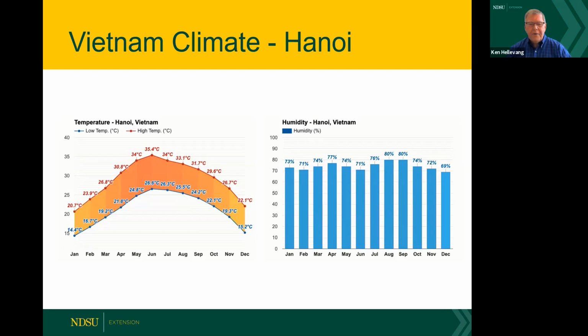Temperature varies more than what we saw at Ho Chi Minh City, but we're still looking at very warm temperatures, with daily highs ranging from about 21 degrees centigrade to about 35 degrees centigrade. So when we translate some of those warmer months, we're looking at temperatures averaging 90 degrees Fahrenheit or warmer.